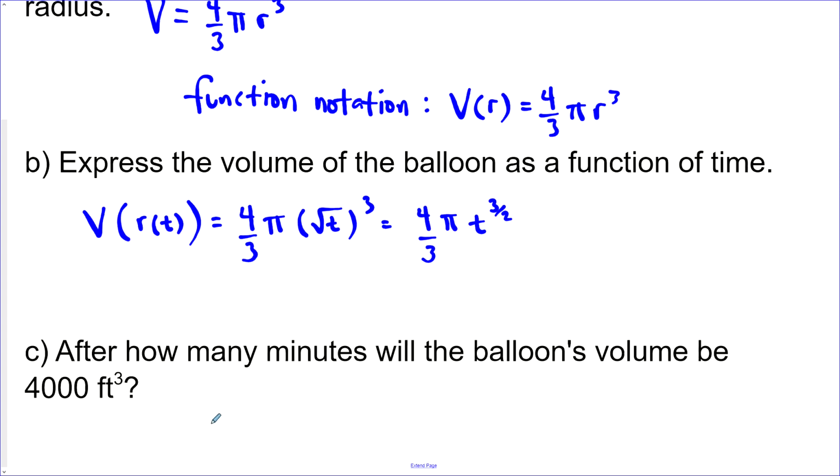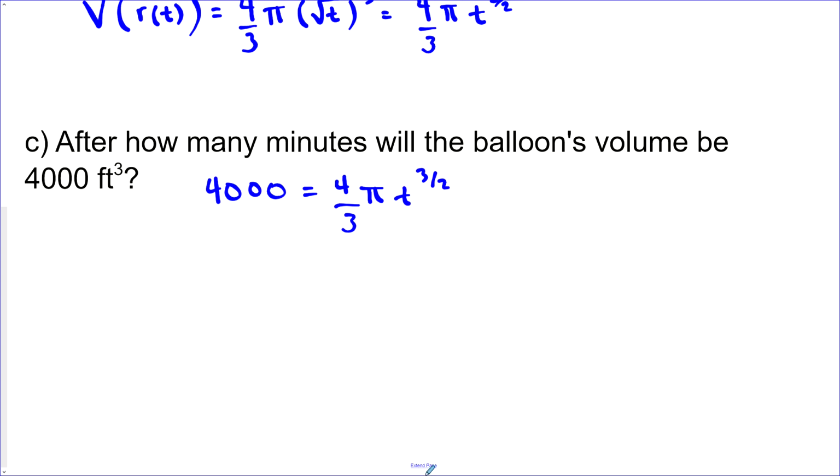All right, so volume is 4,000, and we want to find the time. So times both sides by 3, divide both sides by 4, and we get 3,000 pi t.